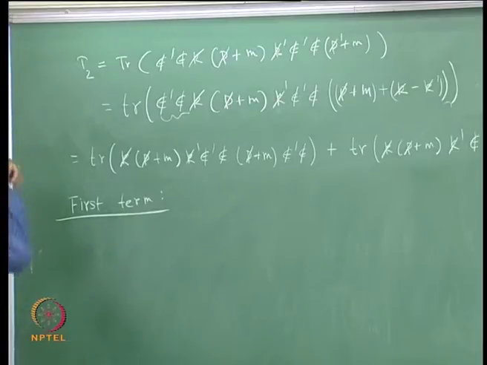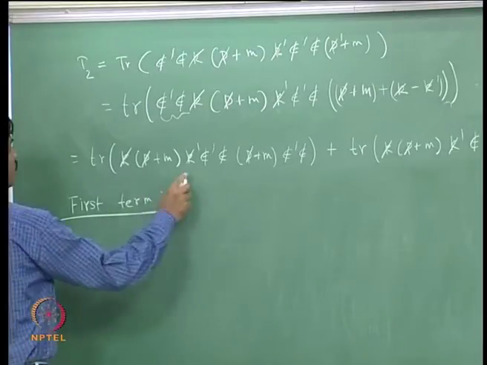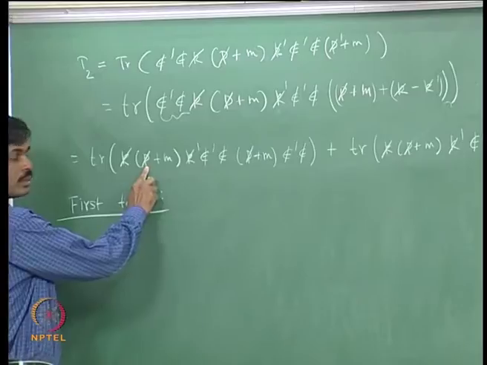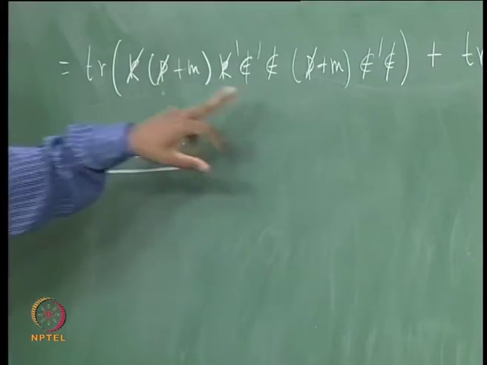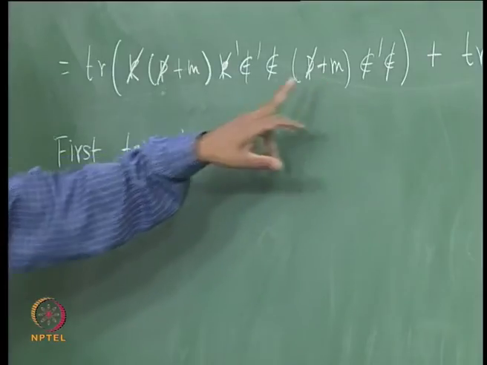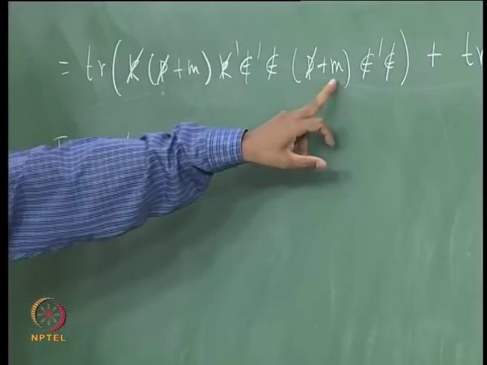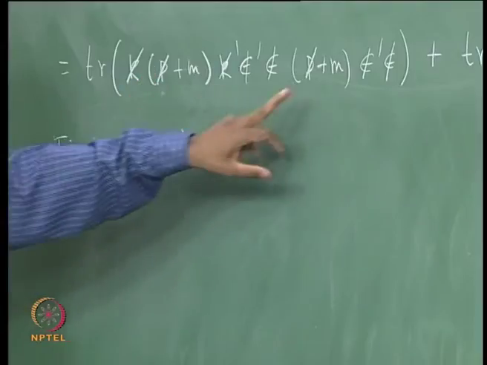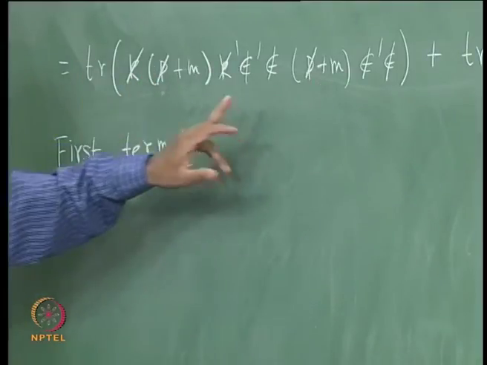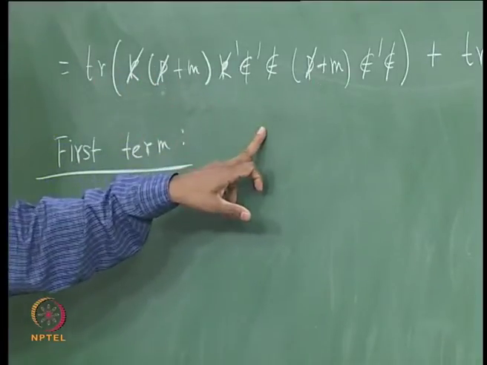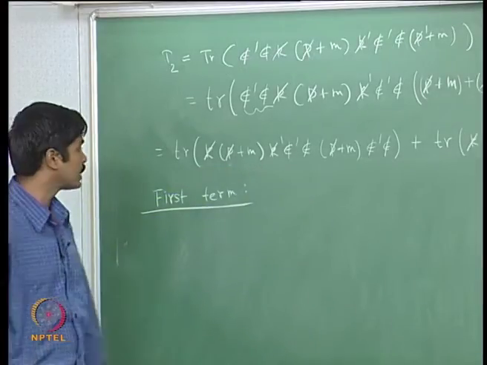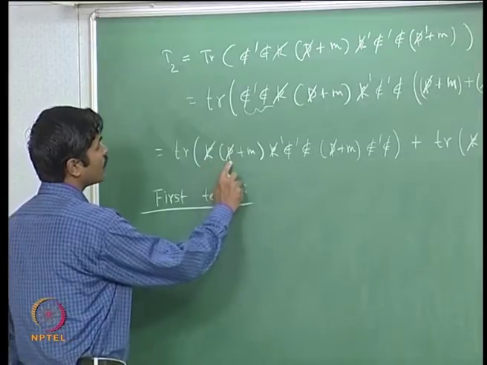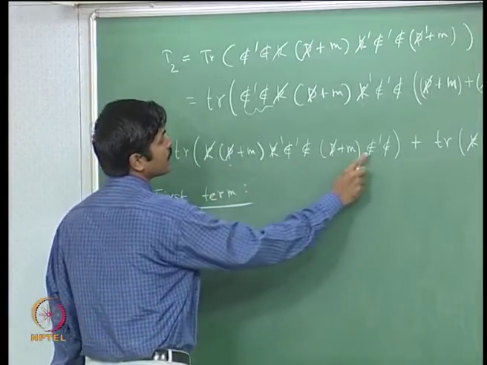Okay. So, the first term, again you can see, in general if you expand this, you will get 4 terms. One which does not contain M at all, the other one contains M square, and there are 2 more terms which are linear in M, but the terms which are linear in M contain an odd number of gamma matrices. You can just count 1, 2, 3, 4, 5, 6, 7, 8.